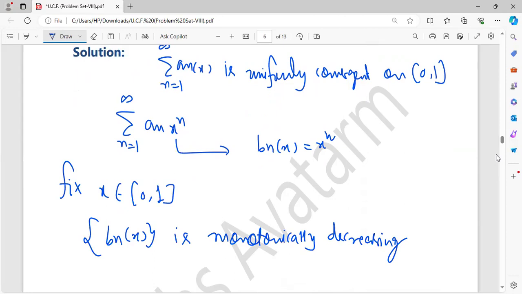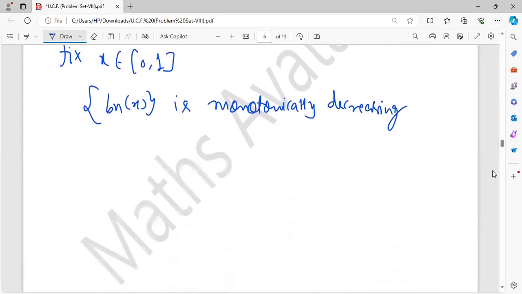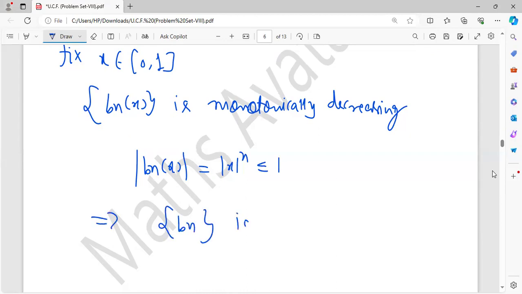So that is why it is monotonically decreasing. Now, bn(x) = x to the power n, the maximum it can go is 1. So this implies bn(x) is uniformly bounded as well.